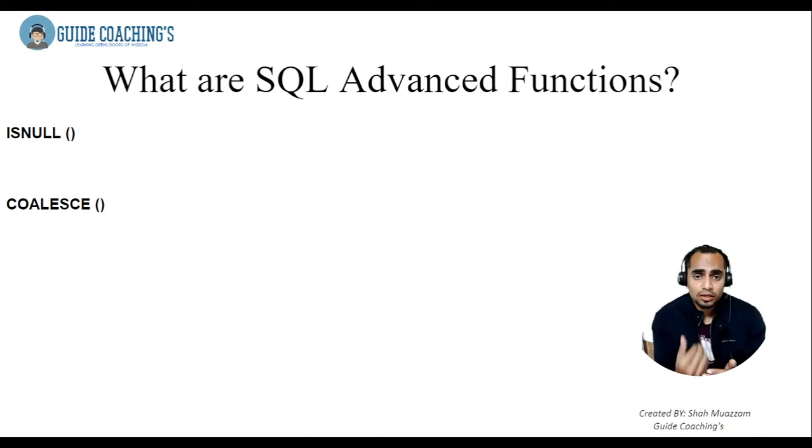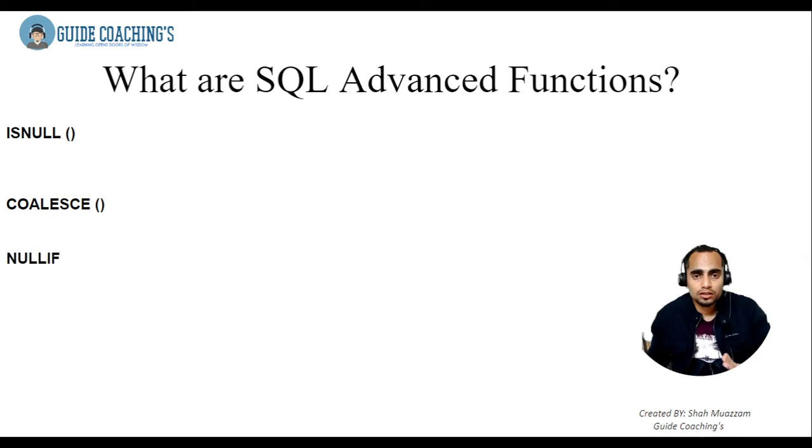Whenever we have n number of null values and the n plus 1 value is not null, and we apply the COALESCE function to that column, it will print the first not null value, not all the null values. That is the functionality of COALESCE.